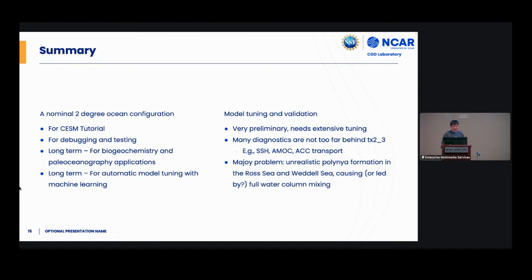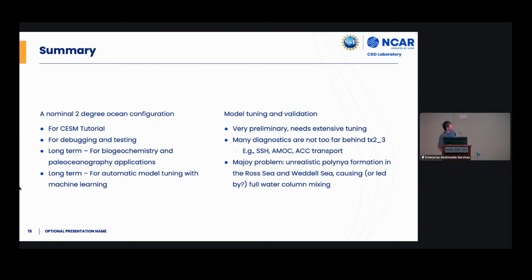In the long term, once the models are tuned and perform relatively well, we can use it for biogeochemistry and paleoceanography applications. And because the model runs relatively fast, maybe we can use it for automatic model tuning with some kind of machine learning algorithm.